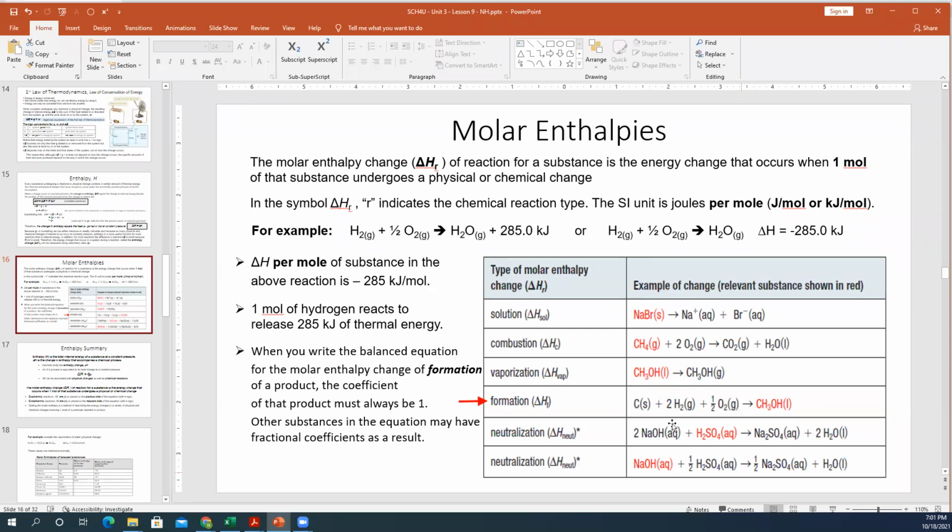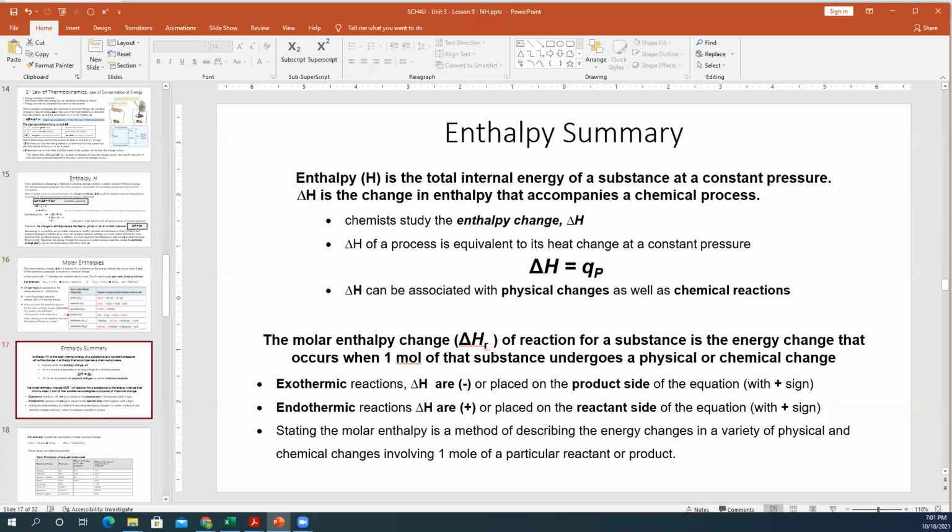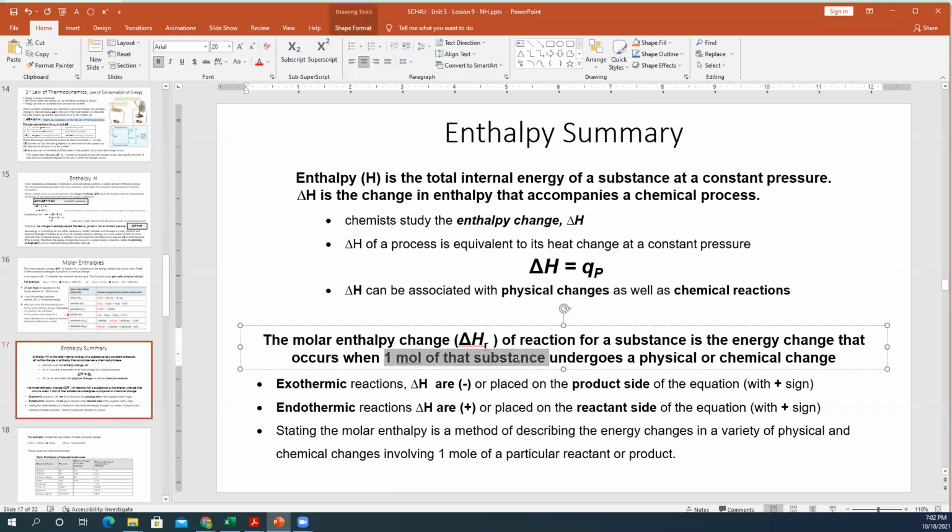See, these reactions, although they are the same reactions, they're written differently with different coefficients, because it's either with respect to 1 mole of the acid or with respect to 1 mole of the base. Either 1 mole of the acid is getting neutralized or 1 mole of the base. So molar enthalpy change of the reaction has to do with 1 mole of that substance undergoing that change, either physical or chemical.